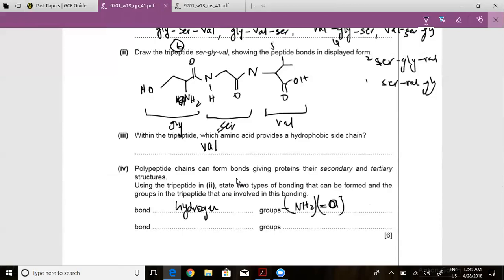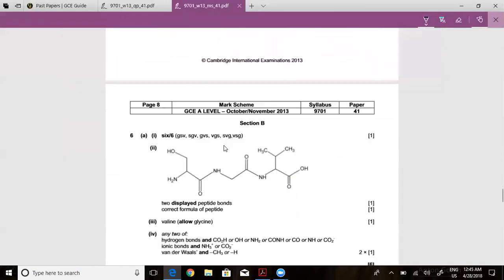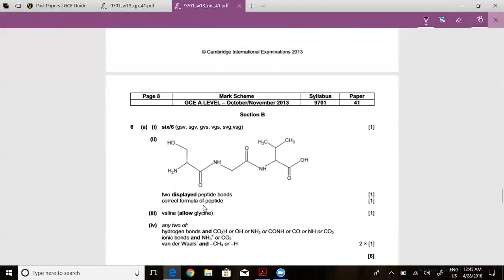Ionic bonds can be formed, I guess, because the carboxylic acid donates its proton entirely to the NH2. Again, it's just the carboxylic or NH2. You could also do Van der Waals if you want, but you can do any two of hydrogen bonds, which is COH or OH or NH2 or CONH2 or CO or anything you write is going to work.